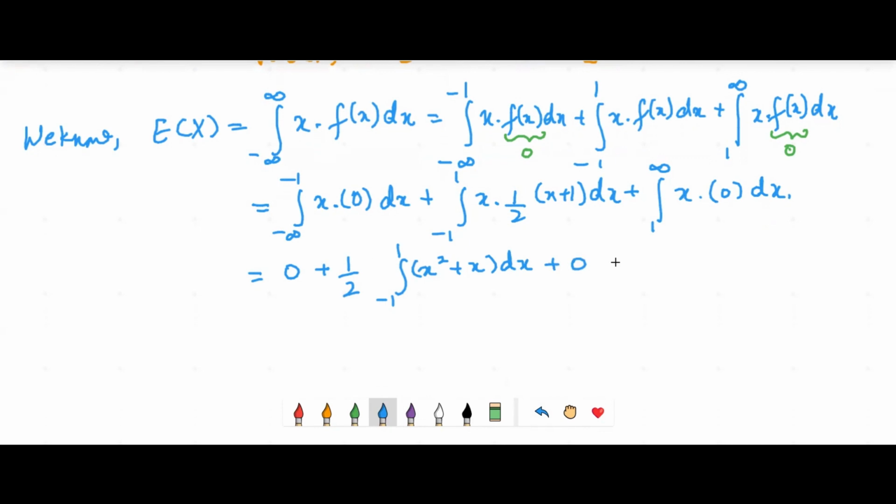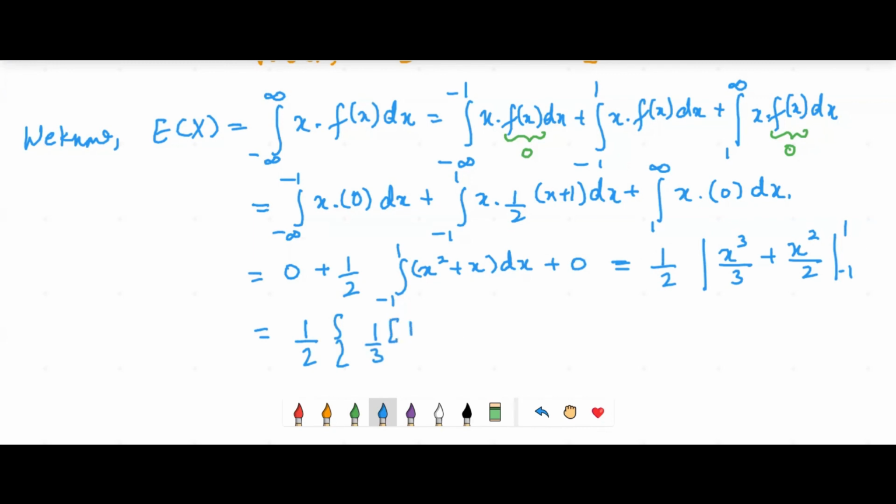When we integrate this, we will get x cube upon 3, and the integral of x would be x squared upon 2. Let us just put the values. For x cube, the limits are 1 and -1.